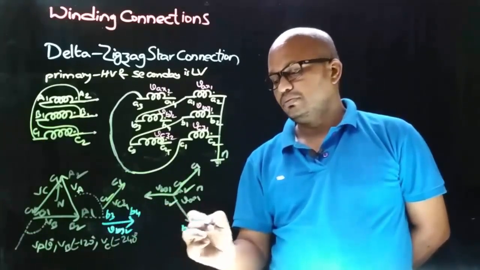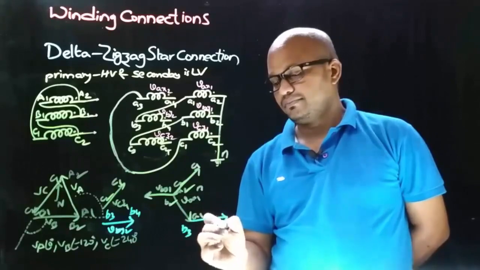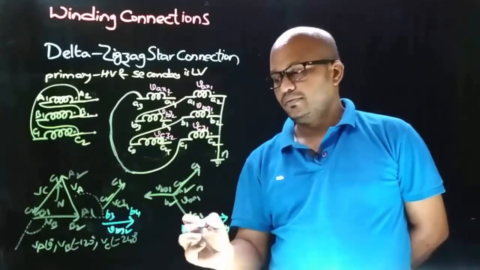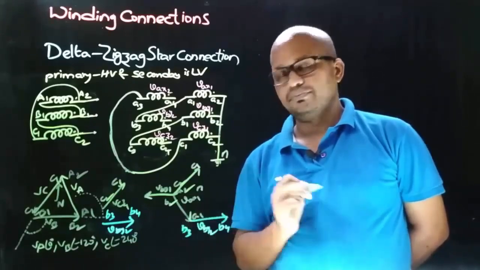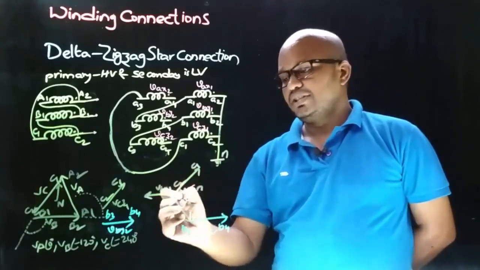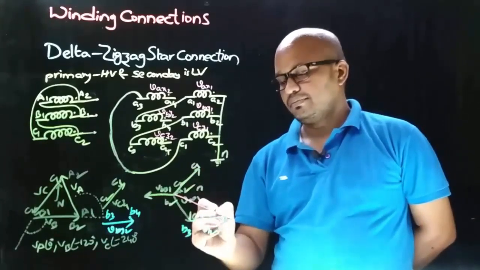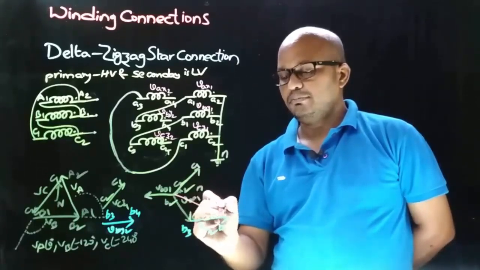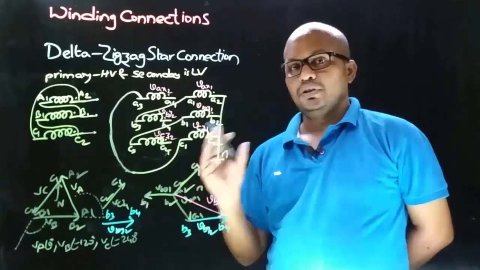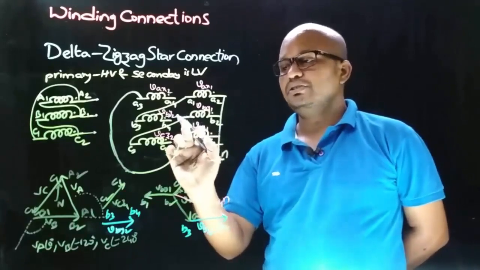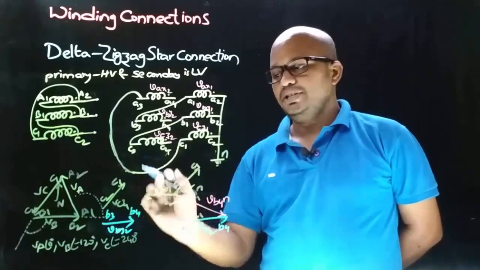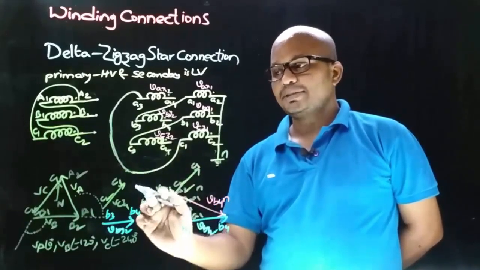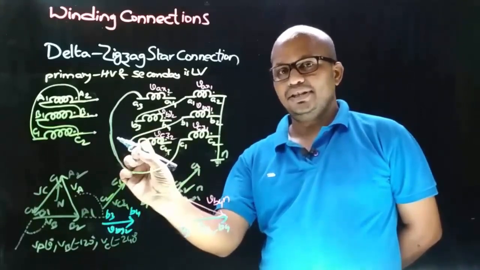So, like this. VB Y2. And now, the resultant voltage is VB4N.